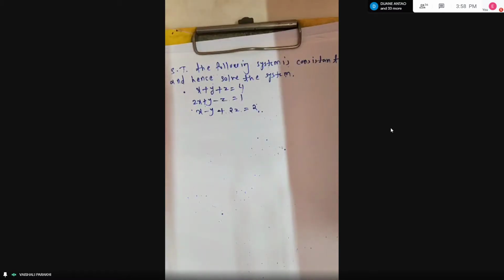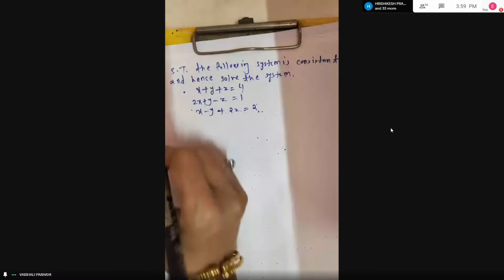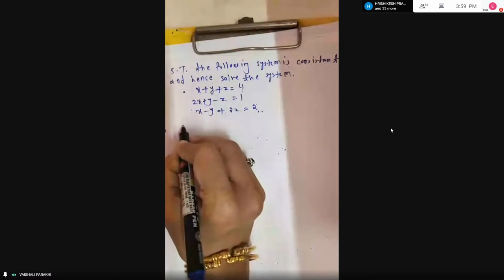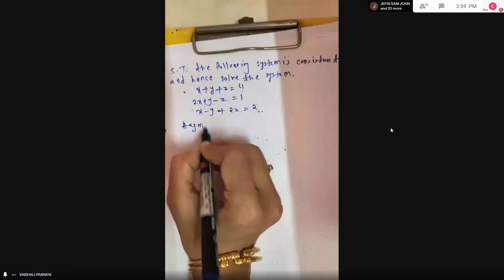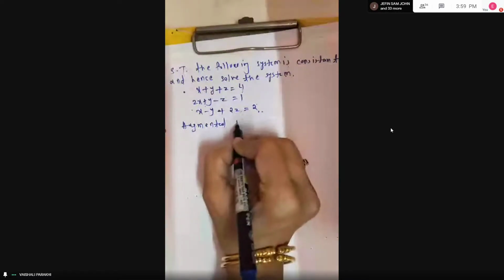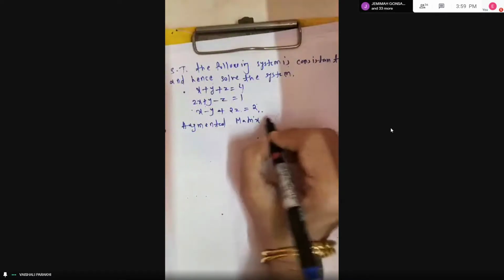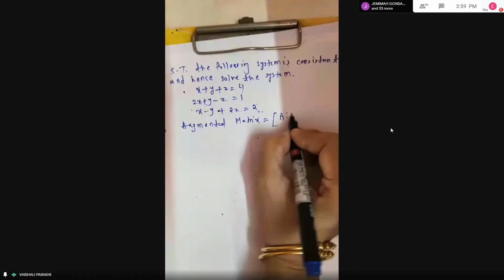Okay, so these are the three equations which you need to solve. Now, what is the first step, students? First step is to write the augmented matrix. How does it look? A partition B.